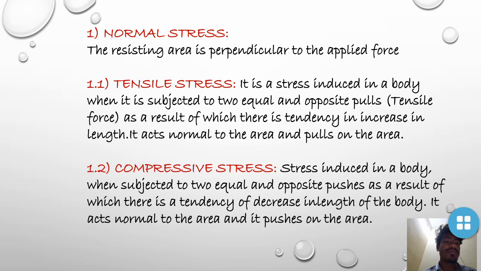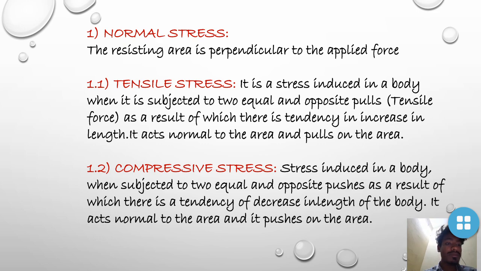Tensile stress. It is the stress induced in a body when it is subjected to two equal and opposite pulls, as a result of which there is a tendency of increase in length. It acts normal to the area and pulls on the area.